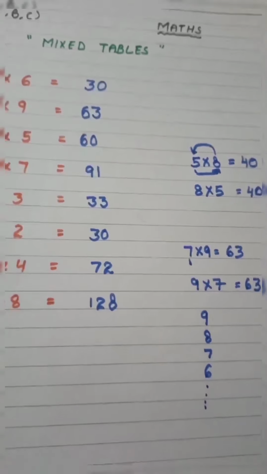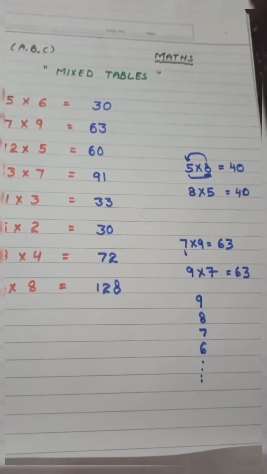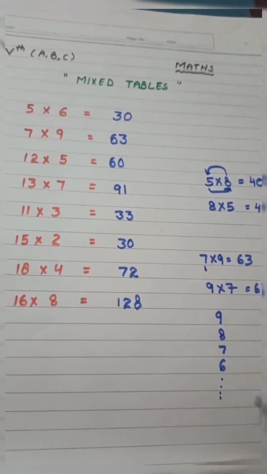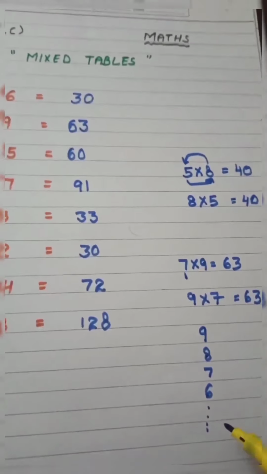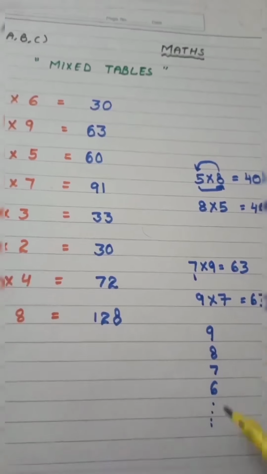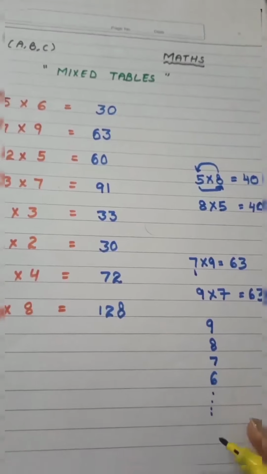But students, please try to learn the table of 9 by heart. Do not use this idea of writing and reading the table of 9, because it is not at all good for us. This is just for fun. Just take this trick as fun, but please do not always follow it.